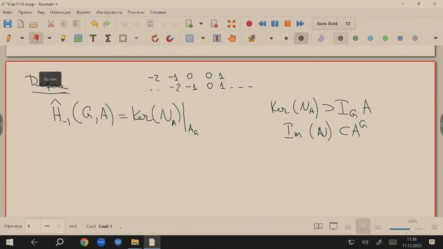It contains I_G A, so you are factoring by I_G A. So it is a subset in the coinvariants that comes from the kernel of N_A.